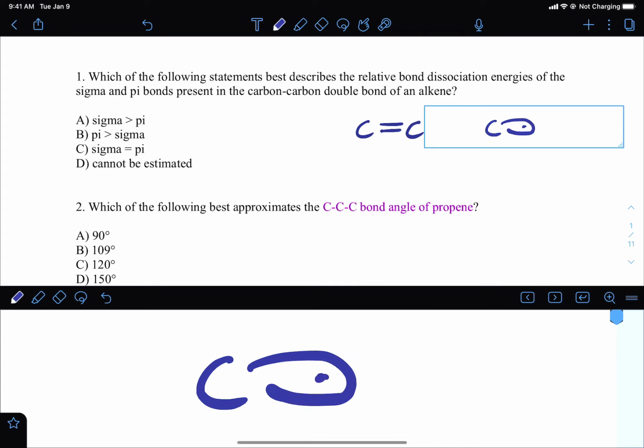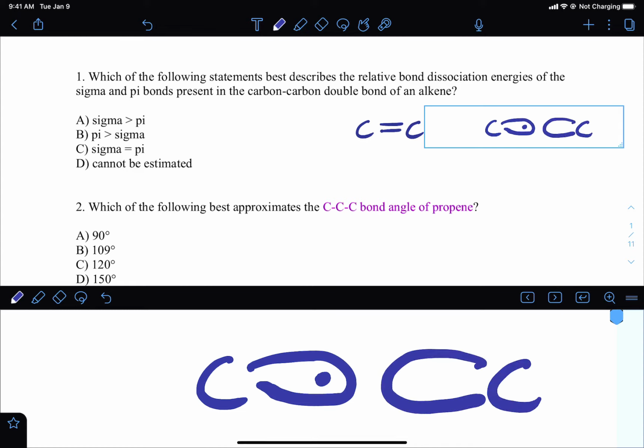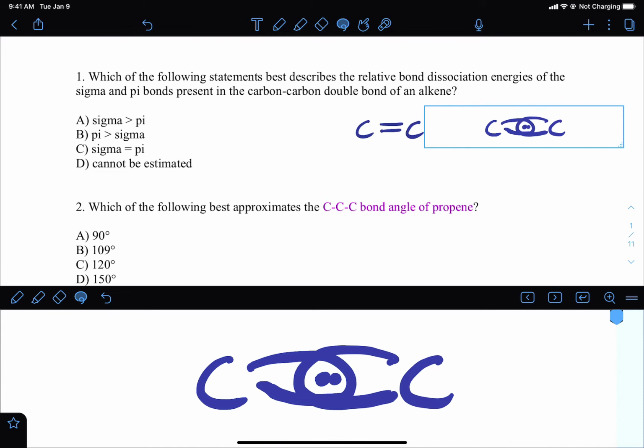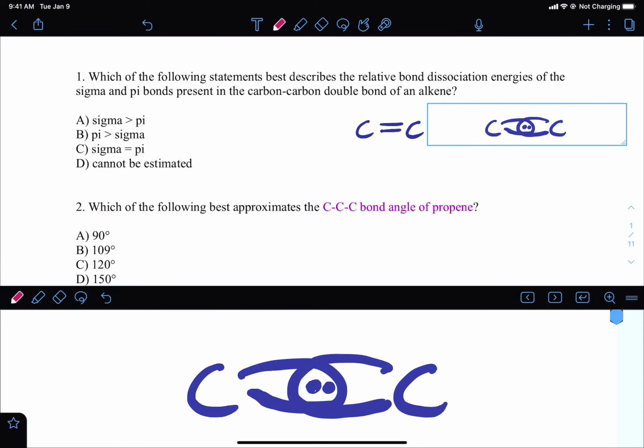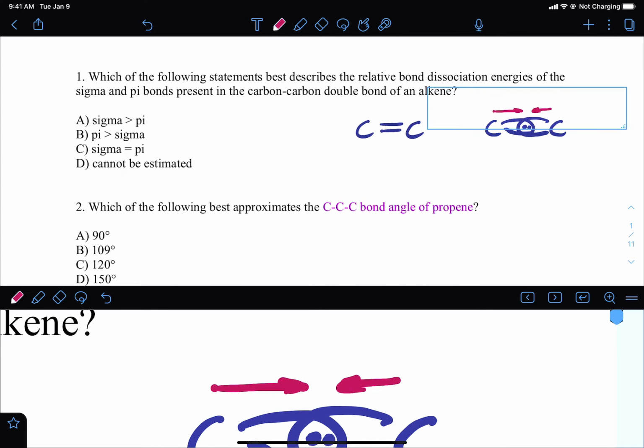If we've got a carbon with some orbital and its electron in it, and another carbon with its own orbital and its own electron in it, we can bring these together and get overlap where the electrons reside in both orbitals. End-on-end overlap, where the two orbitals overlap end-on-end, we call a sigma bond.